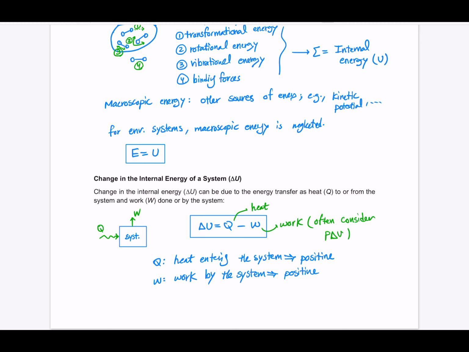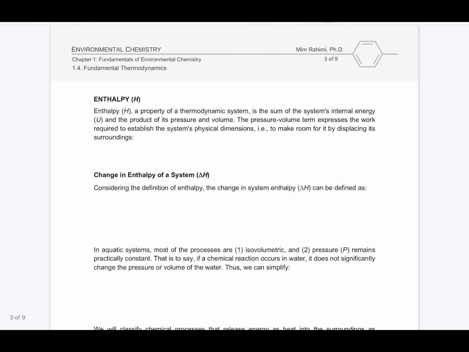So far we knew about the change in the internal energy and how that's related to some factors that are very familiar to us. So now is a good time to define the very first important thermodynamic factor, which is enthalpy, or H. It is a property of a thermodynamic system. It's the sum of the system's internal energy and the product of pressure and volume.